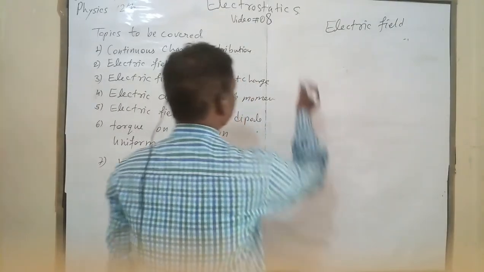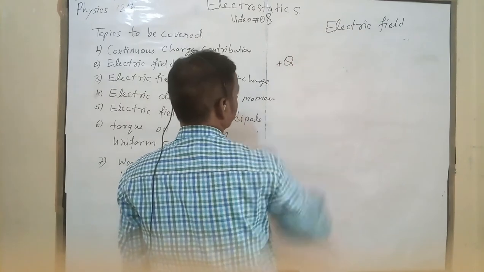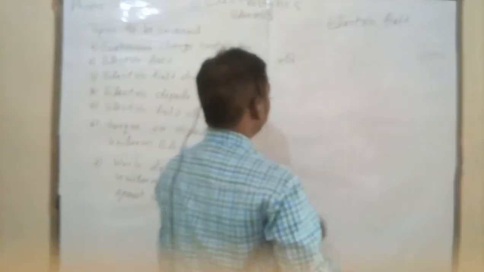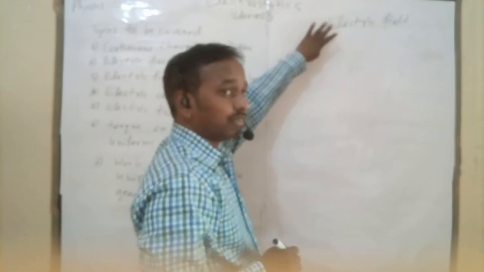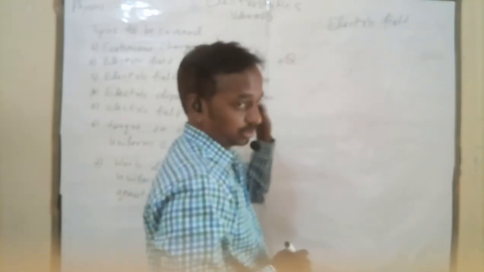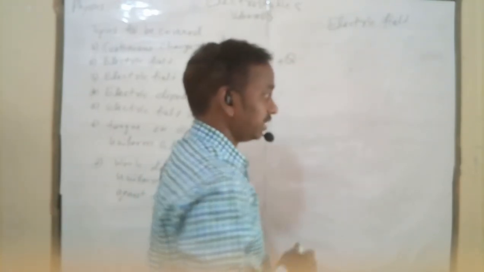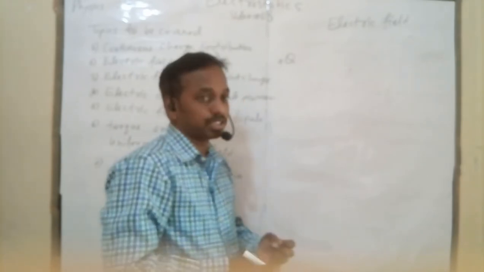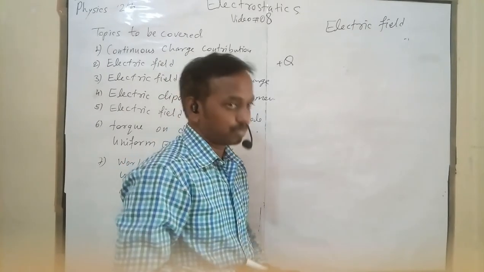Suppose there is a source charge Q. So electric field is a region or space around this charge where another charge can experience a force.